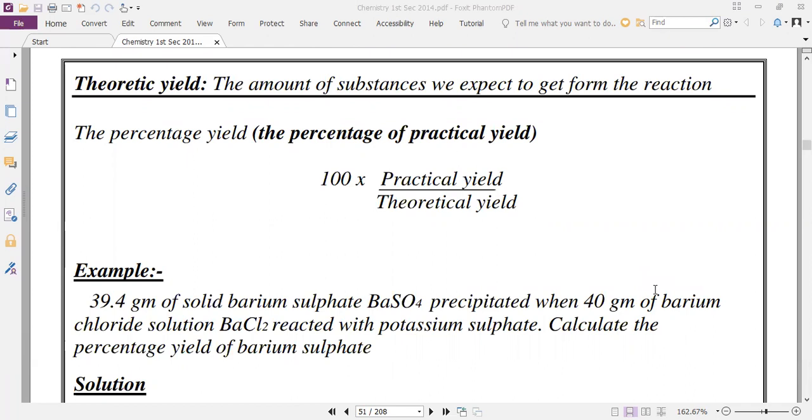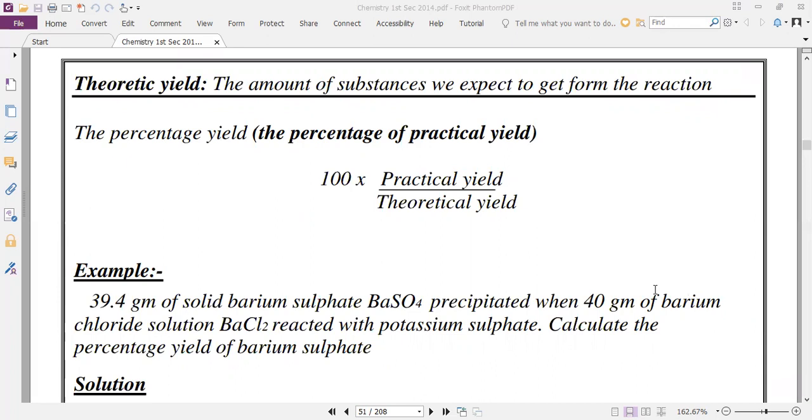So the percentage yield equals what? Its rule is practical yield divided by theoretical yield, times 100. It's times 100 because it's a percentage.